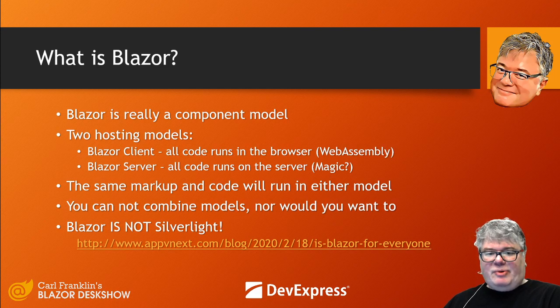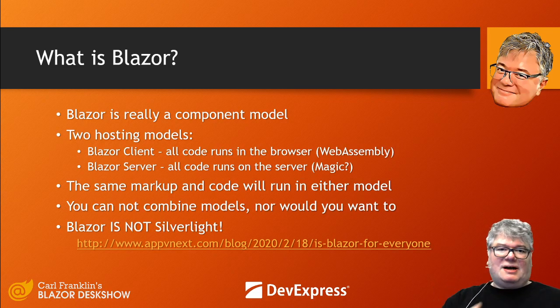And that brings me to Silverlight. There's a lot of people that are asking, is this just the next Silverlight? And the answer is no, it's not. And I'm specifically talking about WebAssembly here.